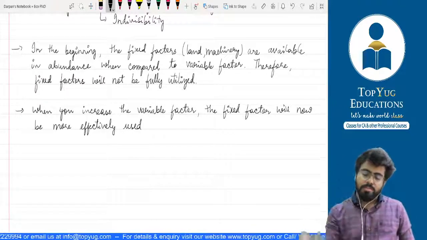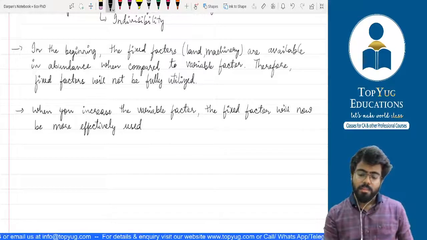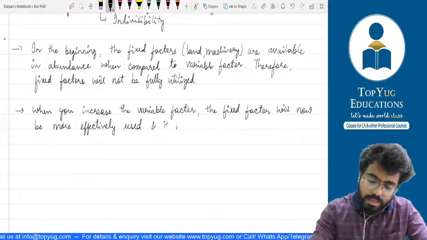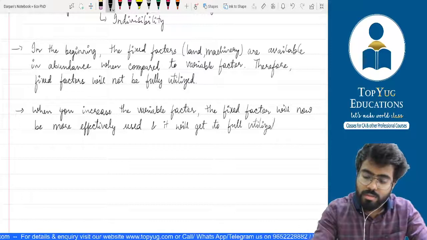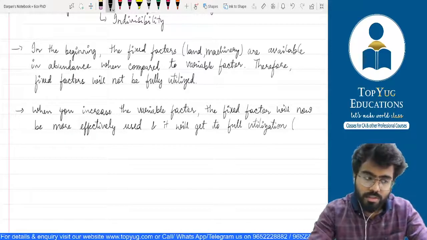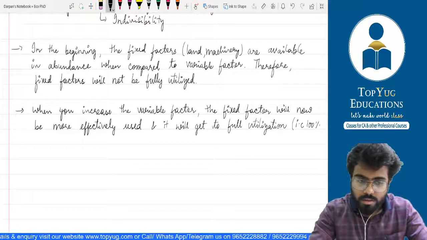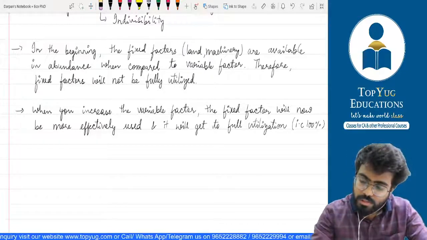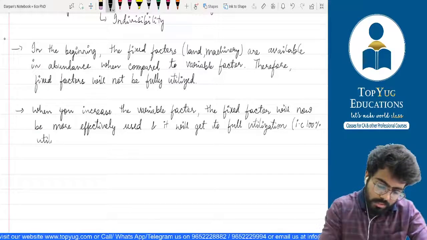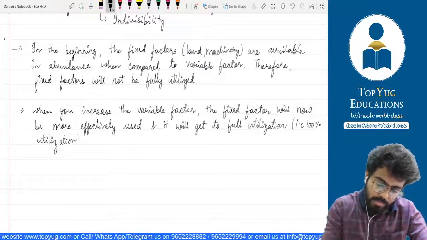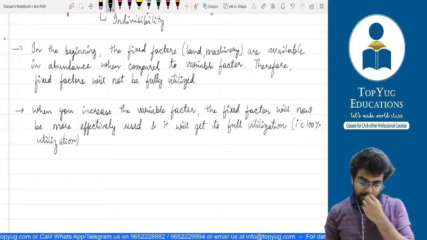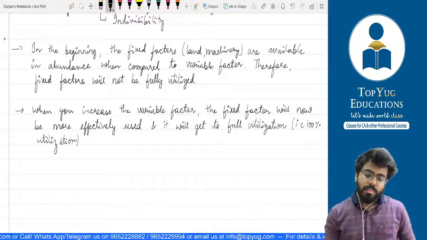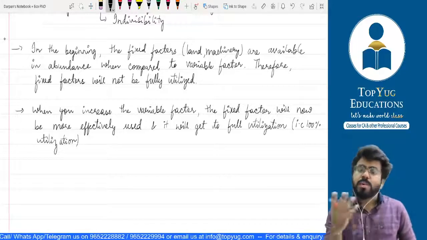When you increase the laborers, and it will get to full utilization, that is 100% utilization. Correct.